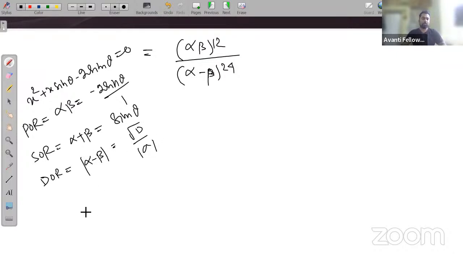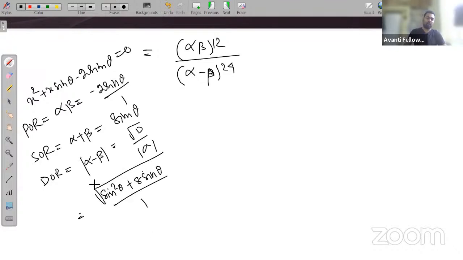So root of D, D is b square minus 4ac, that is sine square theta minus 4 into 1 into minus 2 sine theta. So plus 8 sine theta, root of this upon mod a, that is 1.